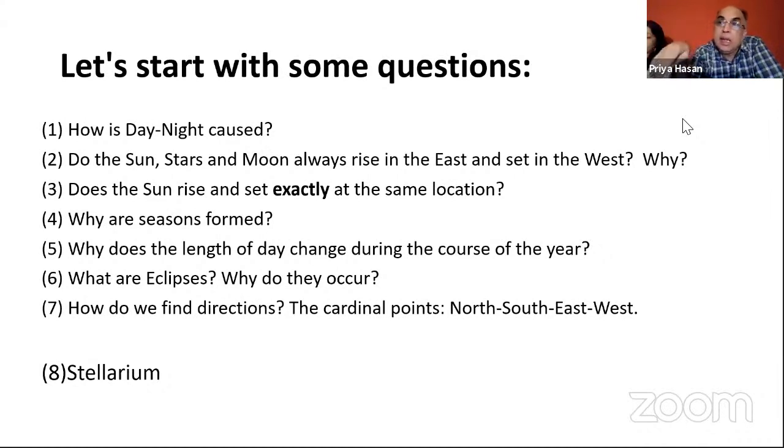Hence, in January they have summer, and in June we are furthest from the sun, but we are tilting towards the sun at that time. That's why we have summer in northern hemisphere and winter in the southern, right? So the seasons are happening because of the tilt of the axis. It is not because of being closer or further from the sun.